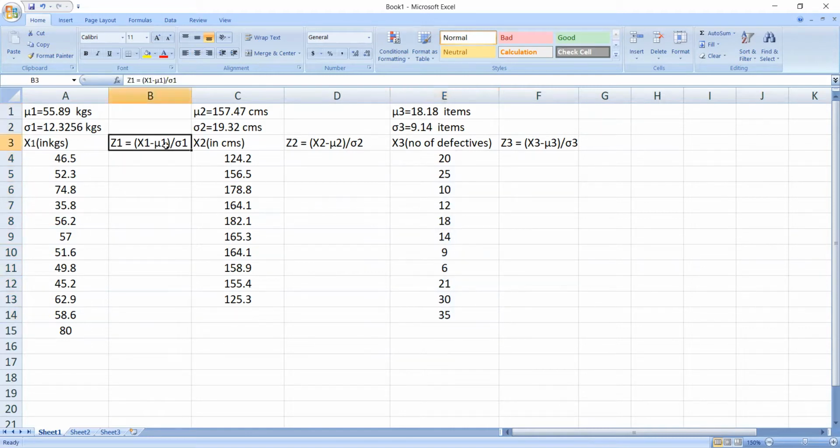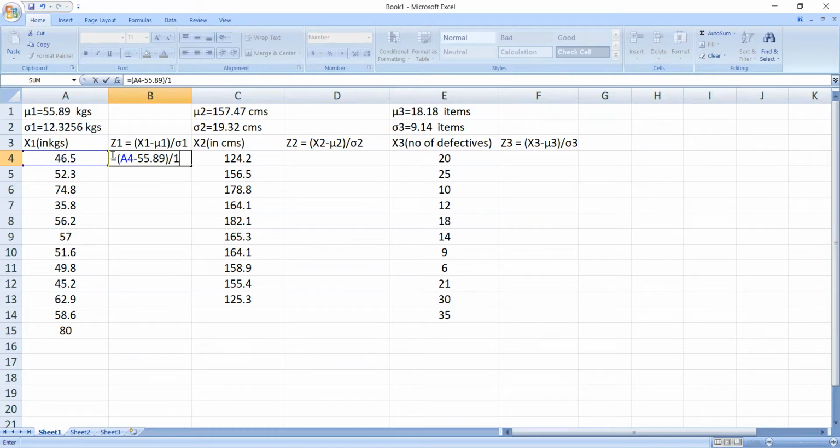Now if you look into the function, e power minus x1 minus mu1 by sigma 1. So our variable is defined in the function such that it is x minus mu divided by sigma. Let me see what happens to this x if I subtract every value of x from its own mean and divide that difference by the standard deviation.